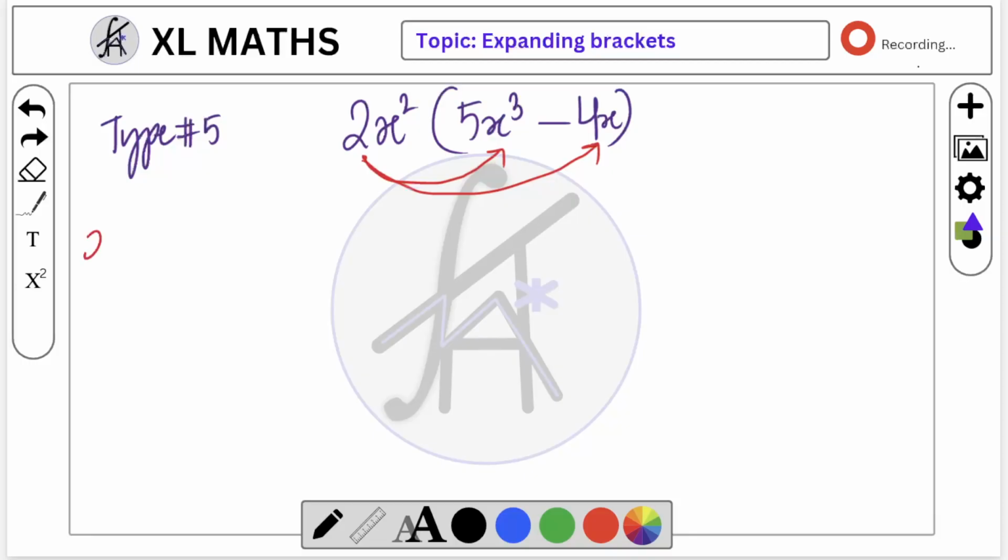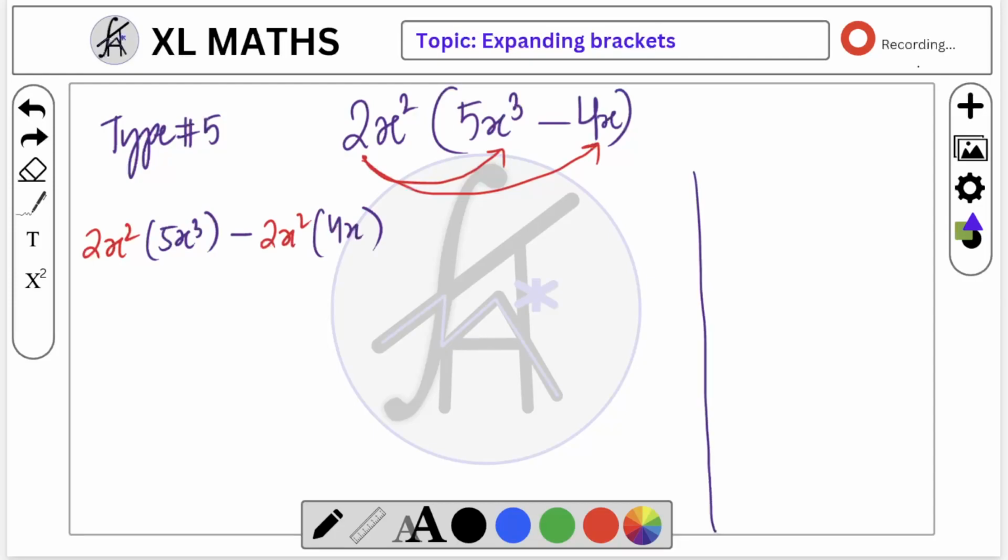So what will happen? Your 2x squared is going to be multiplying to the 5x cubed. Then 2x squared will multiply to the 4x. So 2x squared, let's have a quick connect here. So 2x squared times 5x cubed.